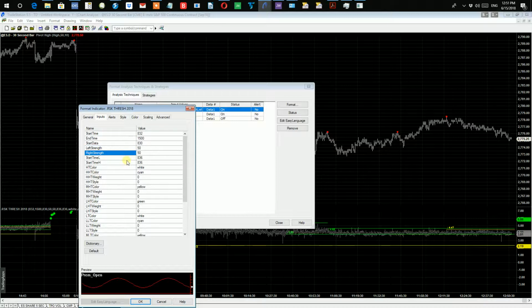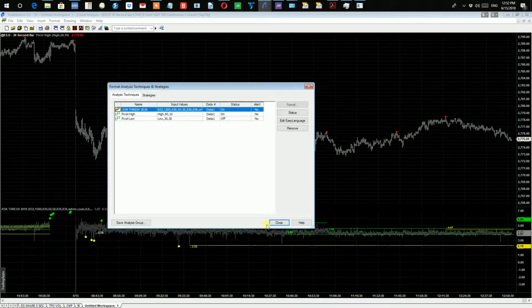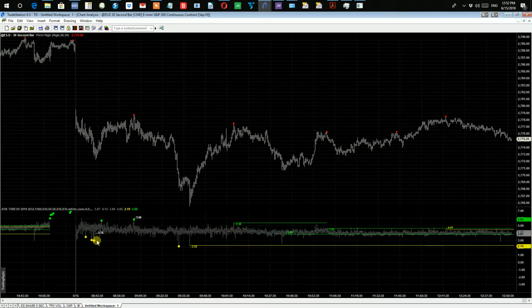Or right strength of 50 equals the same thing as a 5-minute chart with a right strength of 5. The indicator will also plot any new highs on the premium or new lows on the premium after a particular time. So this gives us a lot of information about the premium when we set it up this way. These dots represent new highs or new lows on the premium.